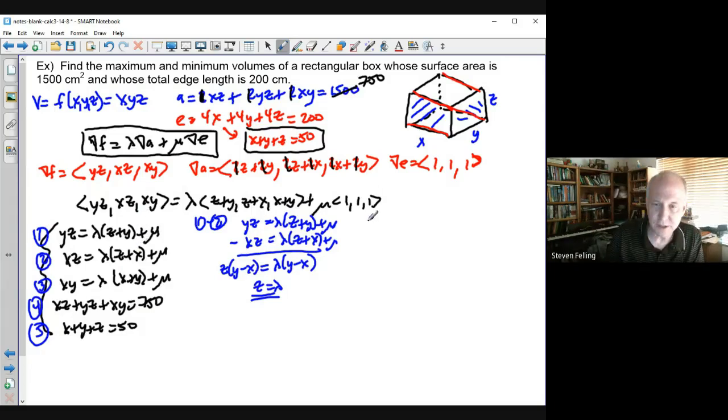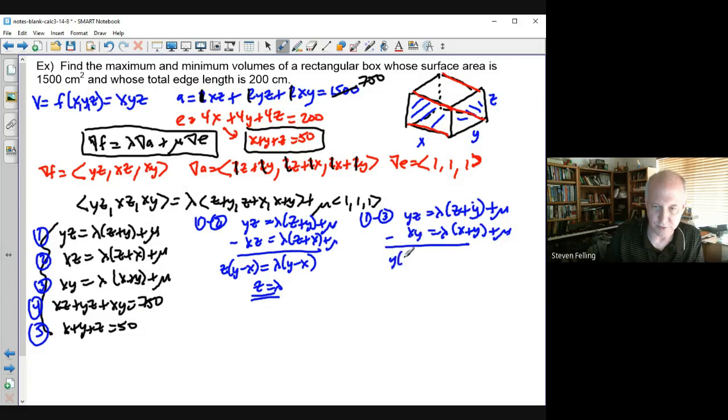Okay, and if I did something similar with equations 1 and 3, where I subtract 1 and 3, so I take yz equals lambda z plus y plus mu, and then I take equation 3, xy equals lambda x plus y plus mu, and subtracted these equations, there's a y in common here, so I could factor that out.